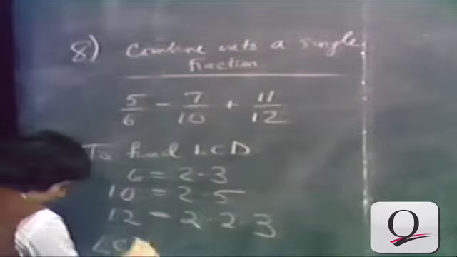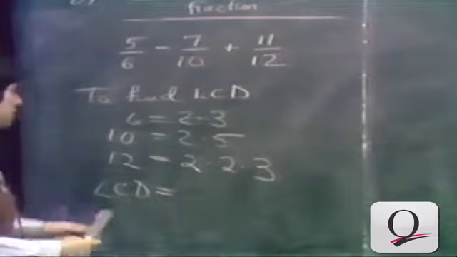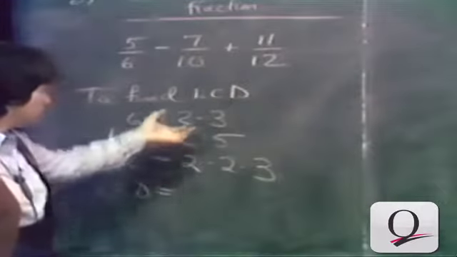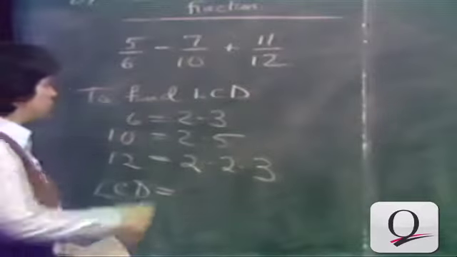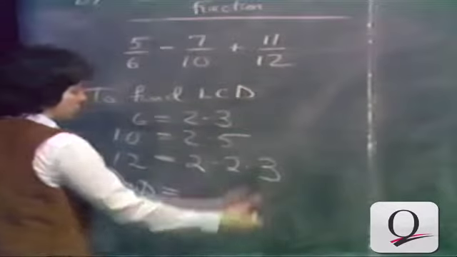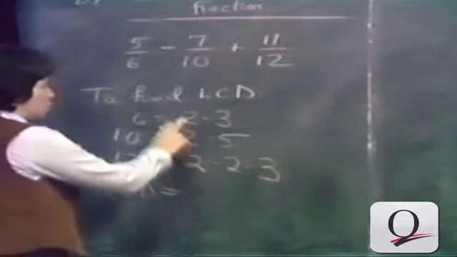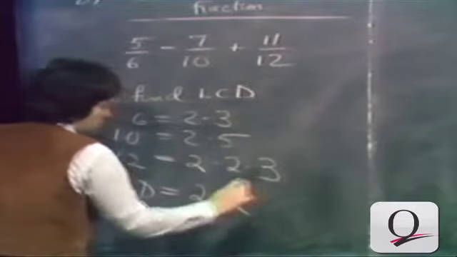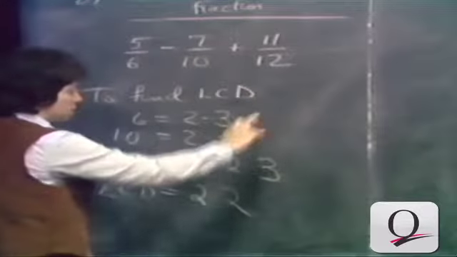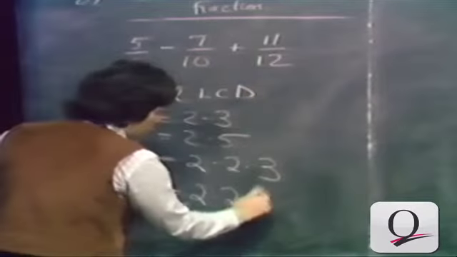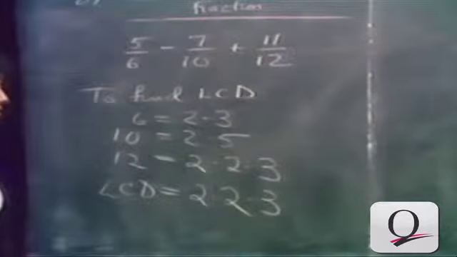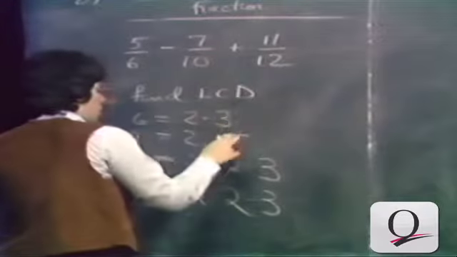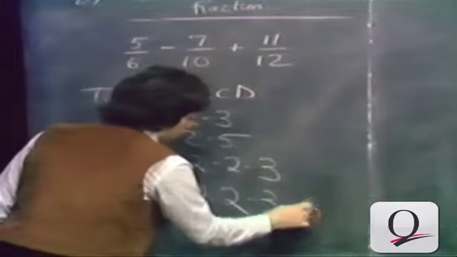You then take each factor the greatest number of times it appears in any one denominator. So we have 3 factors here, 2s, 3s, and 5s. We look at 2. 2 appears once, once, twice, so we will need it twice. 3 appears once, no times, 1 time, so we will need it 1 time, the largest number of times it appears in any one denominator. 5 appears no times, 1 time, no times, so we'll use it once.